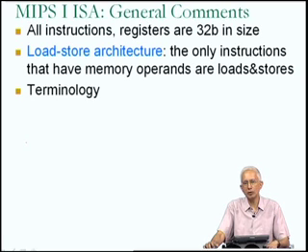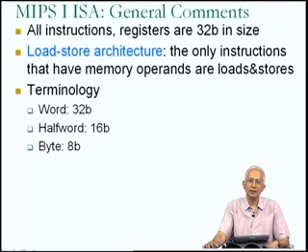Now, some of the terminology that is used in the MIPS1 manuals will be of importance to us. So let me just outline this. In the MIPS1 instruction set, the word WORD or word is used to refer to a 32-bit quantity. In other words, the word size of the MIPS1 instruction set is 32 bits.